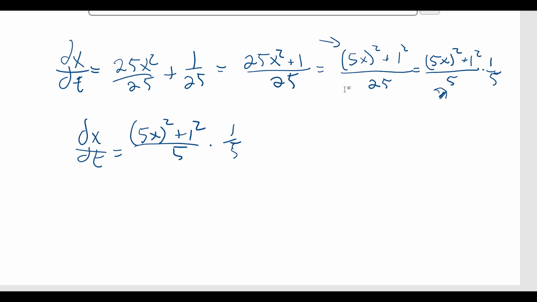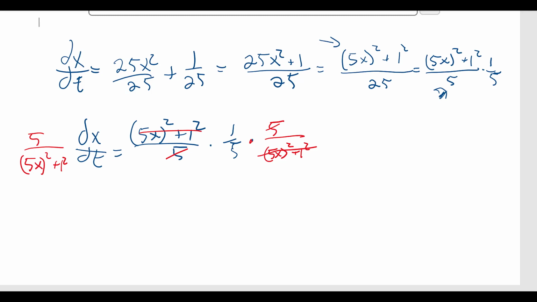I'm going to multiply both sides by 5 over ((5x) squared plus 1), and the 5's cancel, this term cancels, that expression cancels.